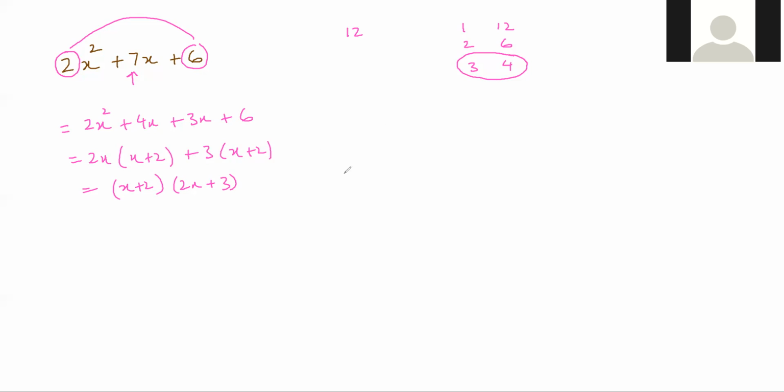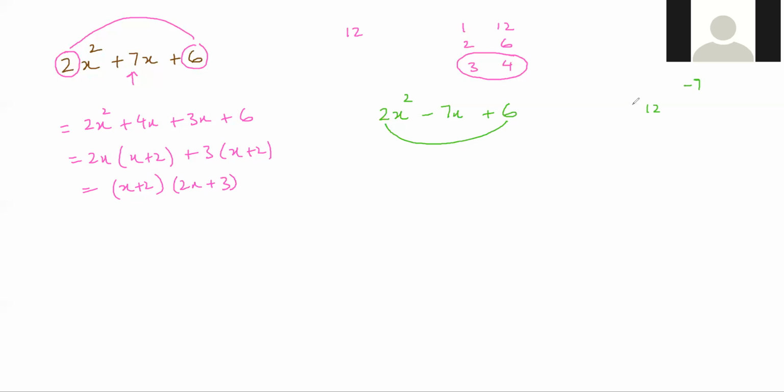Now, let me make it a bit difficult for you. Suppose the same question had 2x squared minus 7x plus 6. Now the product we want to be 12, but this time the sum should be minus 7.